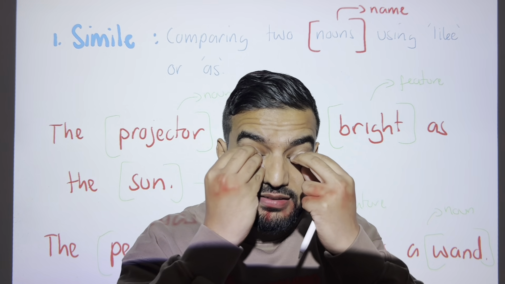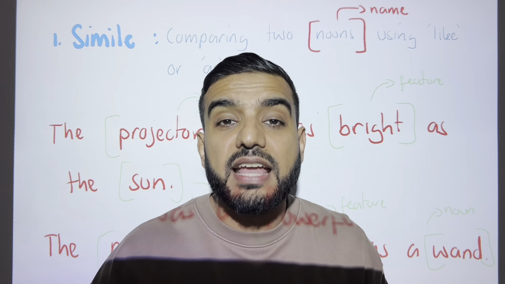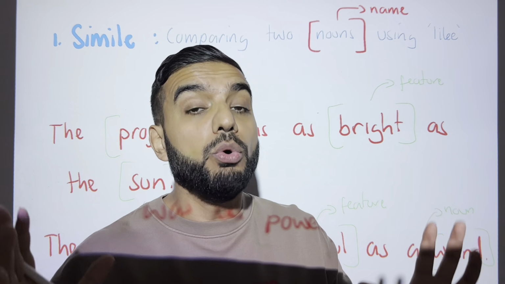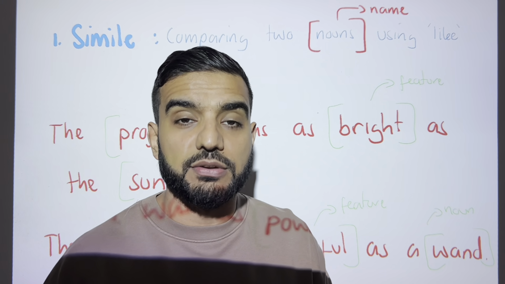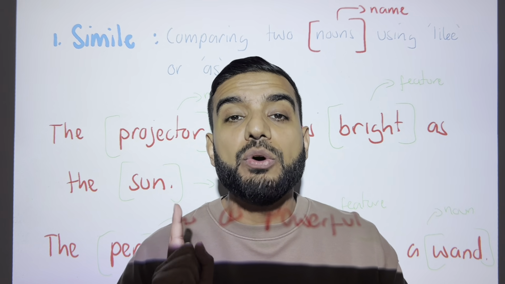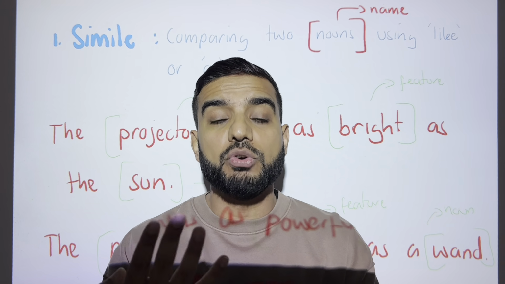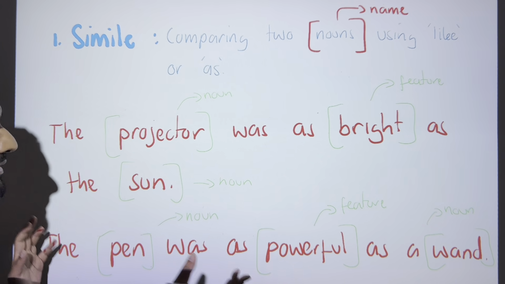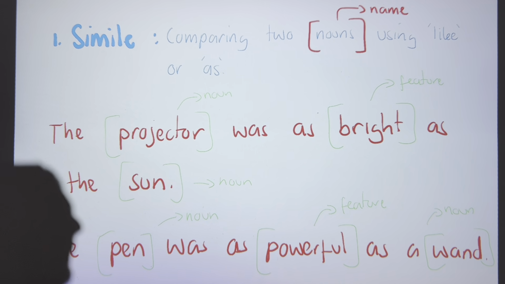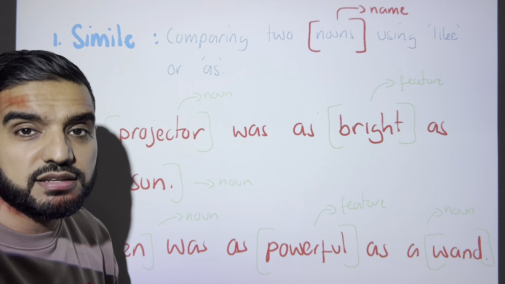And just because they see the word like, or they see the word as, they have a knee-jerk reaction. Oh, that must be a simile. But no, you must ask yourself, what two nouns are being compared, and has as or like been used? But guys, this is the easy peasy method for you to get the mark for a simile, because it works every single time.